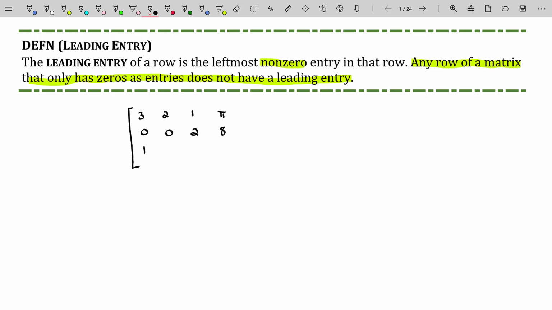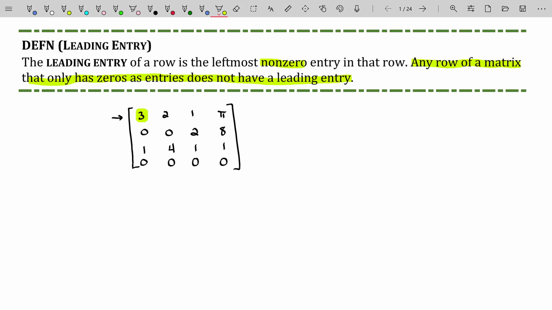The reason why is that any row of a matrix that only has zeros does not have a leading entry. Take, for example, this matrix right here. If you look at each row, and by the way, you should write matrices row by row. It's just a good habit. It's a little bit easier to not make mistakes if you write row by row. Anyhow, reading this first row from left to right, the leftmost non-zero element is this guy right here.